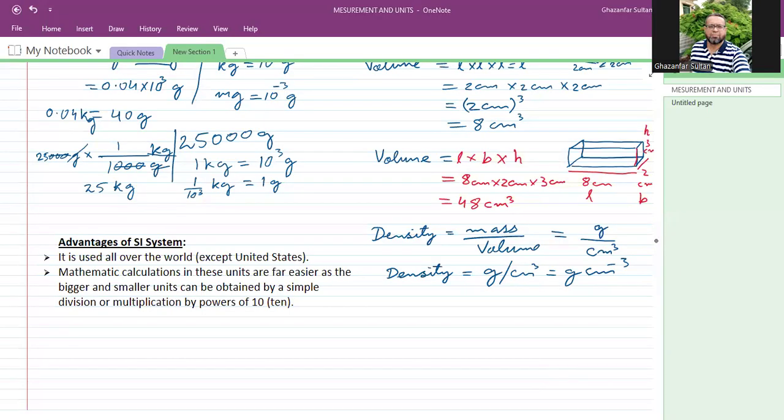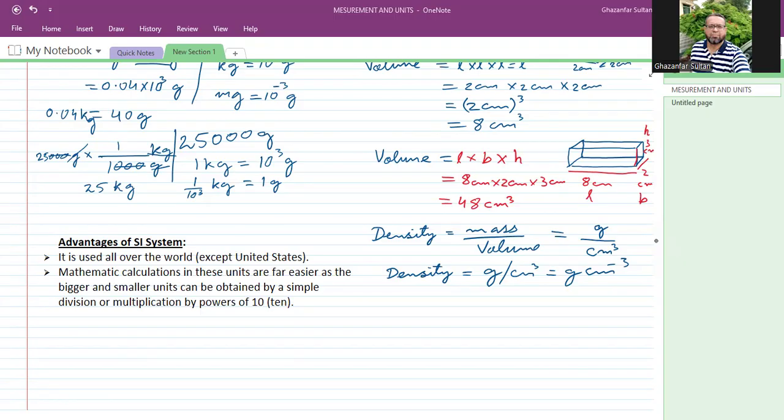From this description, you can understand that there are many advantages, and two are more important. Number one, it is used all over the world, except the United States, where other units are also used. But in scientific calculation, we always follow the International System, even in the United States.